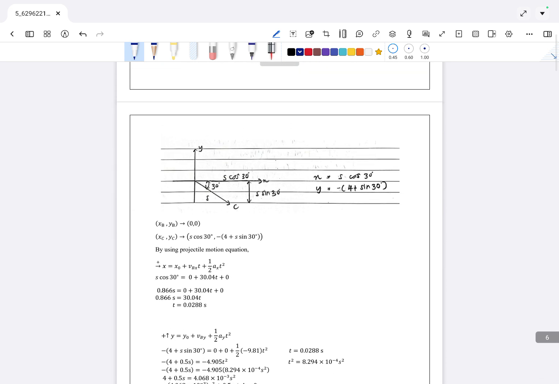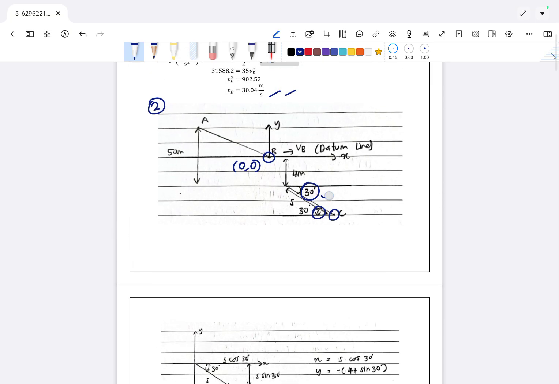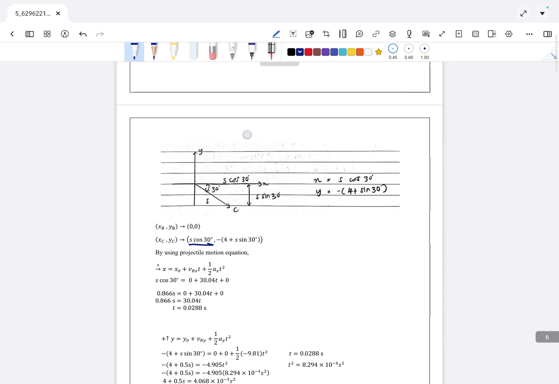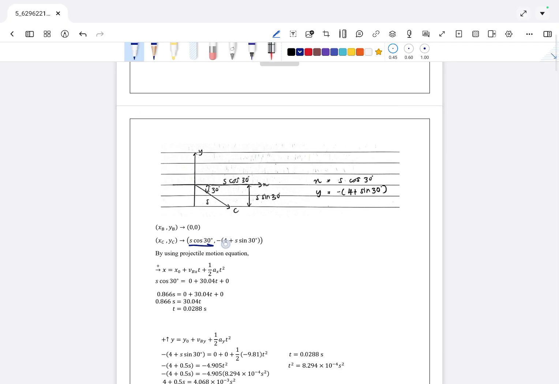So the coordinate at point C for x is s cos 30, and for y it is negative in bracket 4 plus s sin 30. Why do we need to plus 4 here?